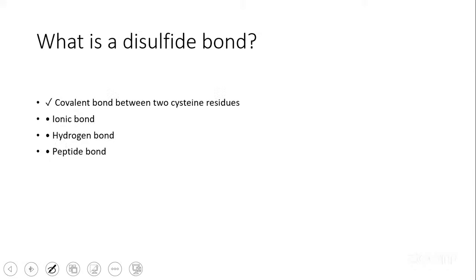What is a disulfide bond? A disulfide bond is a covalent bond between two cysteine residues. Remember in our last class, we were talking about a protein that was isolated using column chromatography, having a single band on the SDS-PAGE electrophoresis.